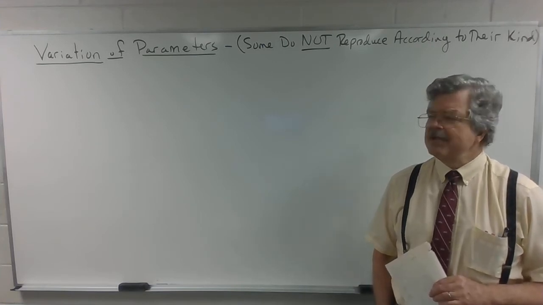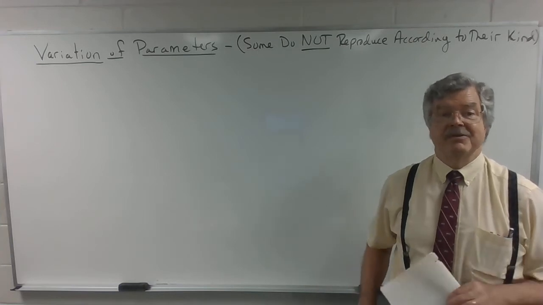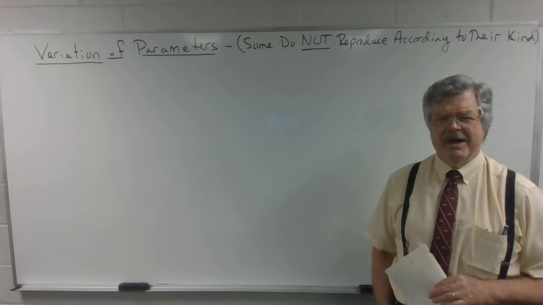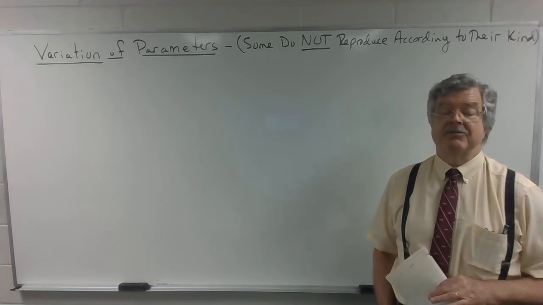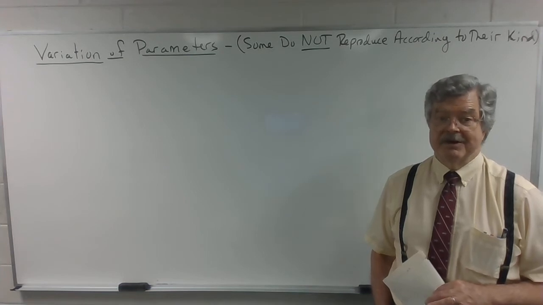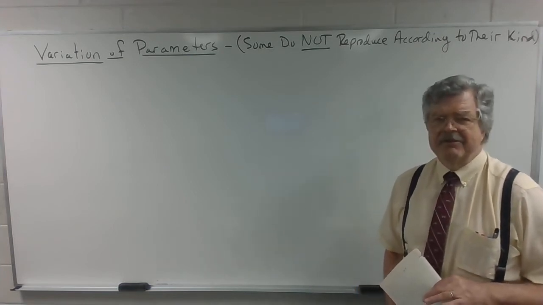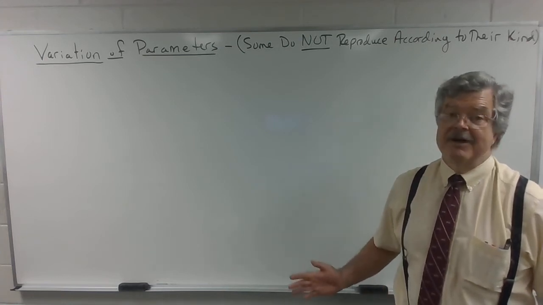As we noted at the outset of the previous lecture, they reproduce according to their kind. Well, a lot of functions in mathematics don't reproduce according to their kind. And in that situation, the method of undetermined coefficients just doesn't work.